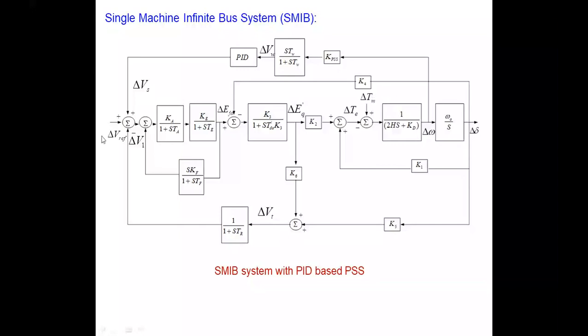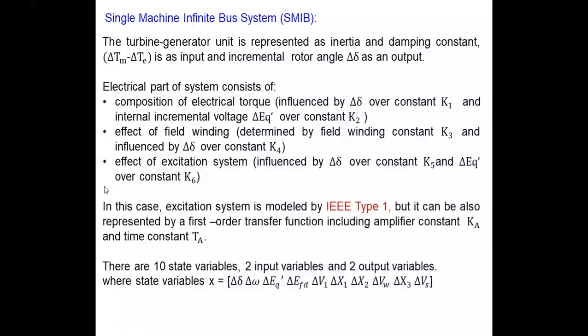So you can have some disturbance in the reference voltage as well. So thus you can observe the dynamic behavior of the rotor angle variation either with this disturbance or with this disturbance here. Okay. So this is one part.